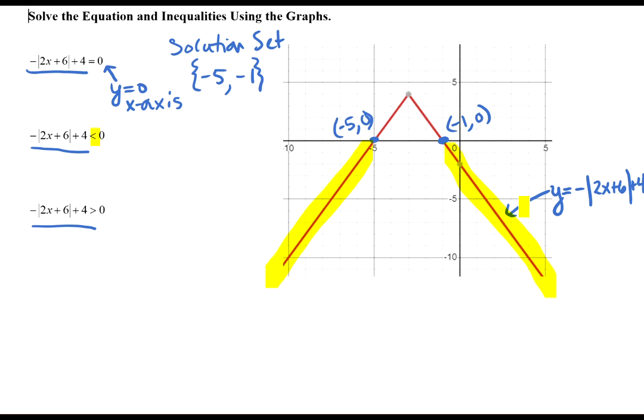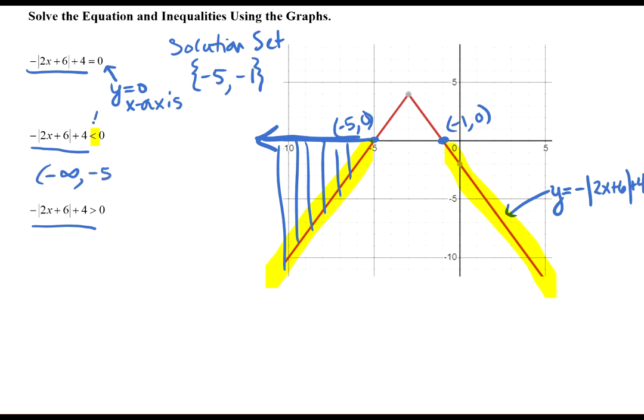These are separated physically, so we're going to have to use two separate intervals. The one on the left has x values going out to the left, which would mean negative infinity, and it stops on the right at negative 5. Because this is a strict inequality, no equals, we would not include the endpoint at negative 5.